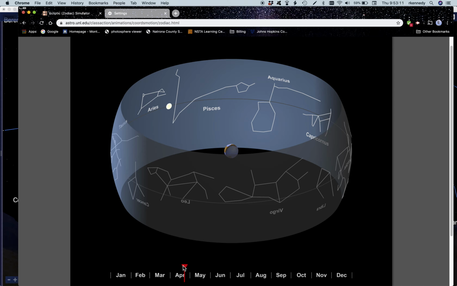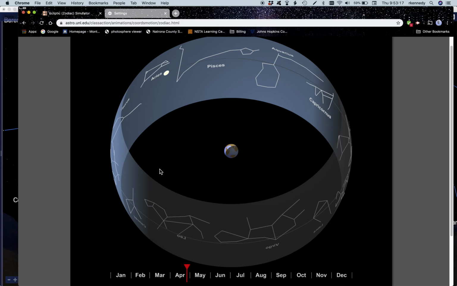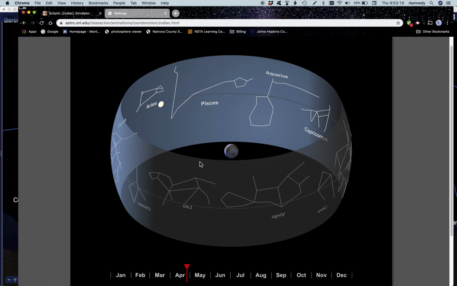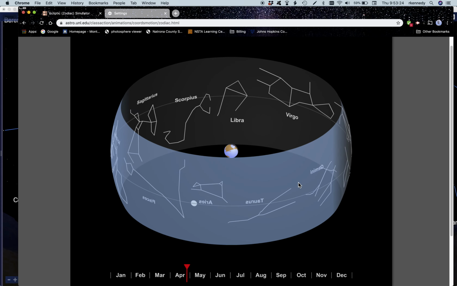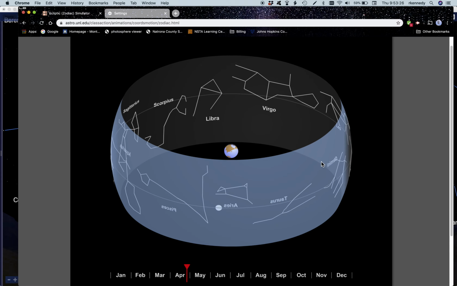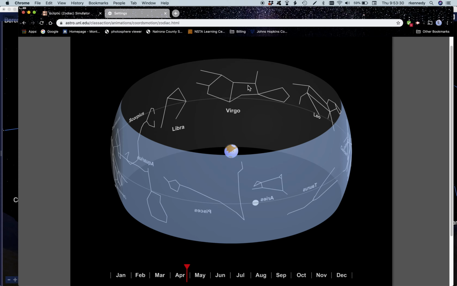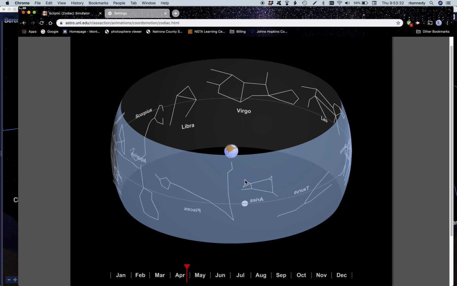So by the time we get to a month from now, late April, the sun will have appeared to move from Pisces over to Aries. And in the nighttime sky, depending on the time of night, we can see Leo, we can see Virgo, and we can see Libra.